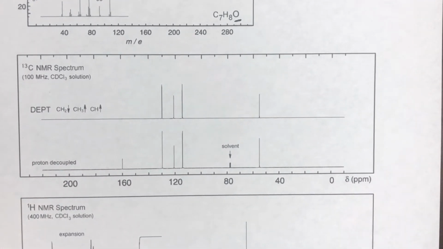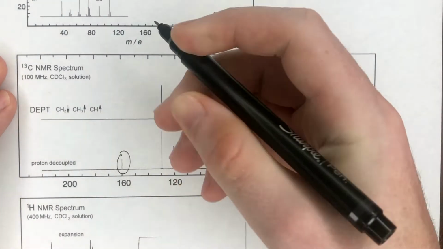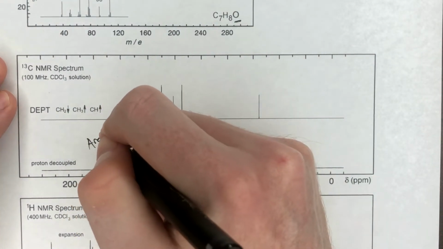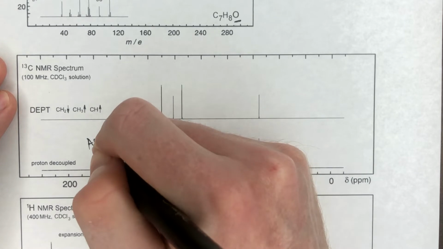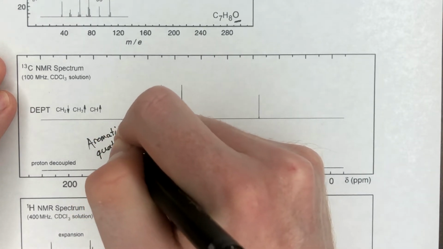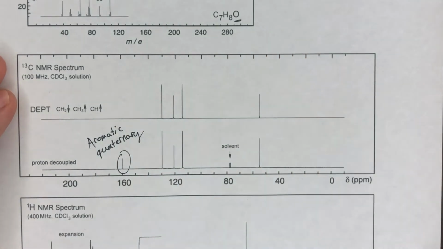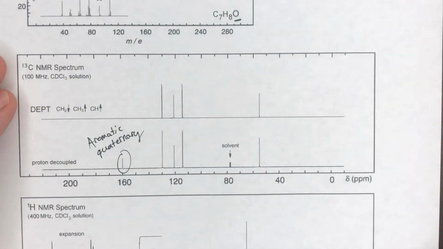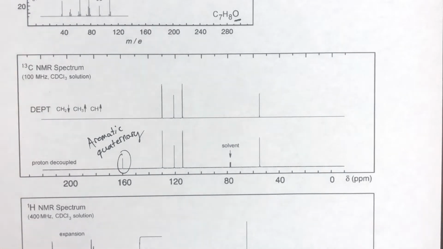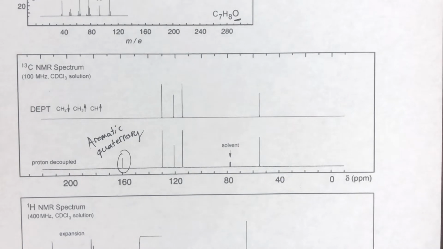Okay, so in the carbon NMR, we see a quaternary aromatic carbon at around 160. That is going to be bound to this oxygen-containing group, most likely. That's what pushes it slightly more downfield.